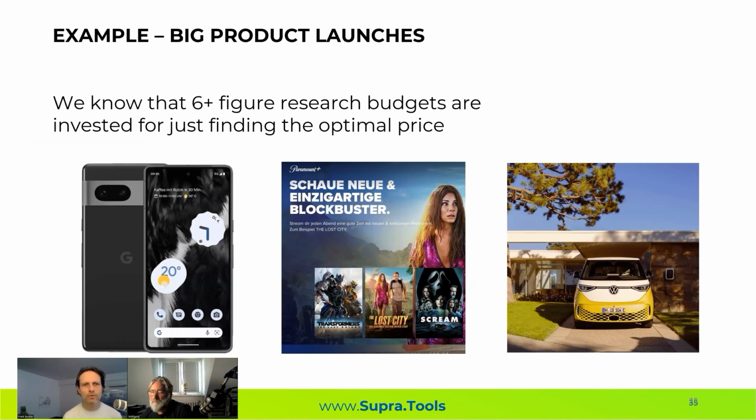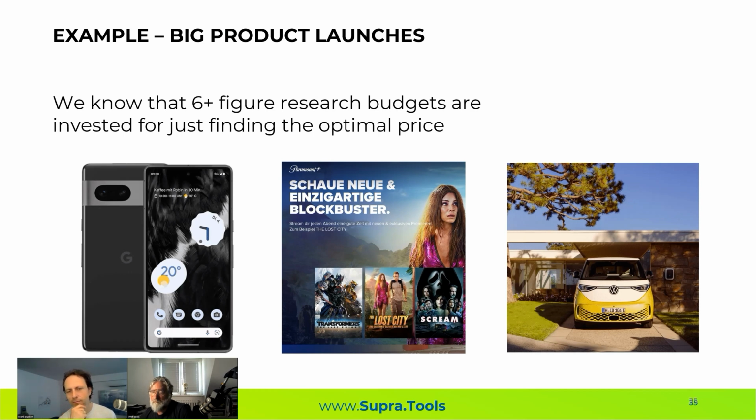Last example on big product launches. So you saw here lots of examples where we improved the actual pricing, but there are big products like the Google Pixel 7 or the Volkswagen ID. Buzz.